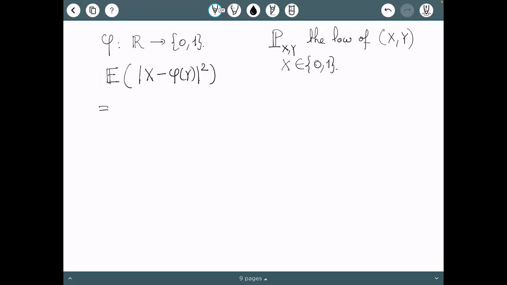So I can split the space into the space where X is equal to 1 and the complementary space where X is equal to 0, because X can take only these 2 values.